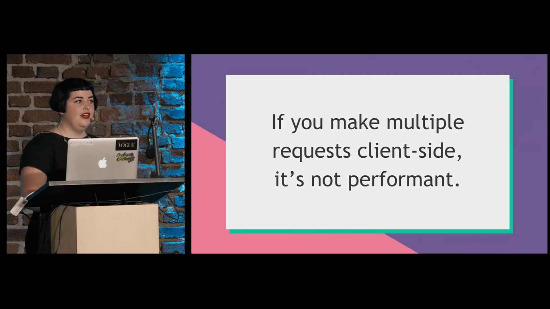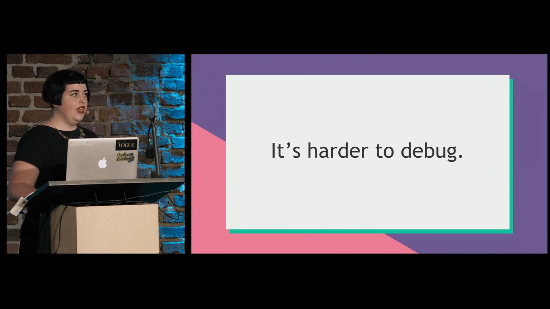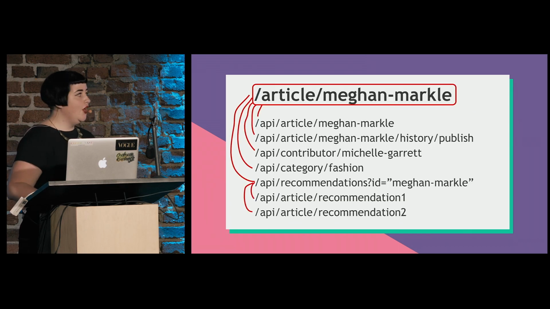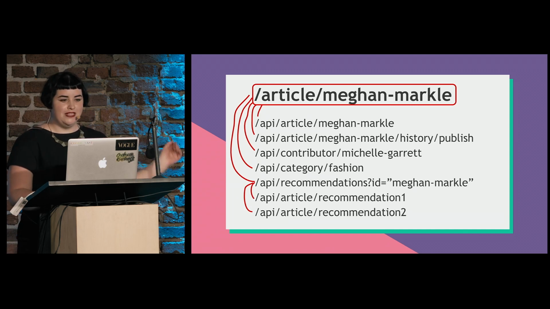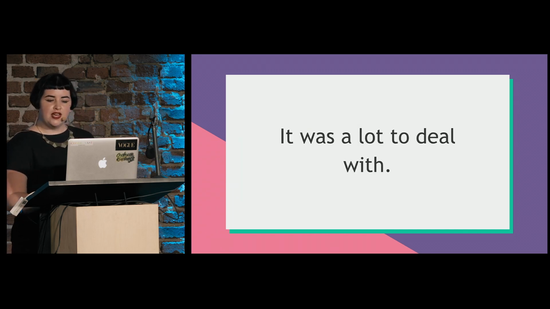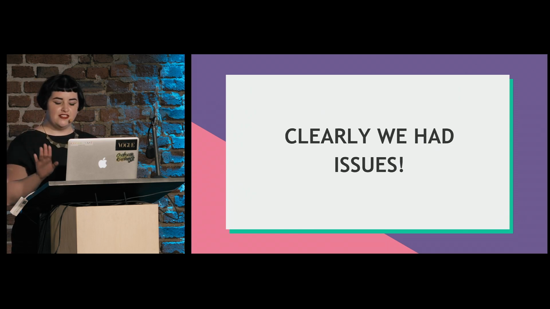But if you make multiple requests client-side, it is not performant. Thankfully, we were server-side rendering, but this would be a problem for some people. It's also harder to debug, because when something goes wrong in this chain of requests, it's really hard to track down where the problem is. It was a lot to deal with, and clearly we had some issues.